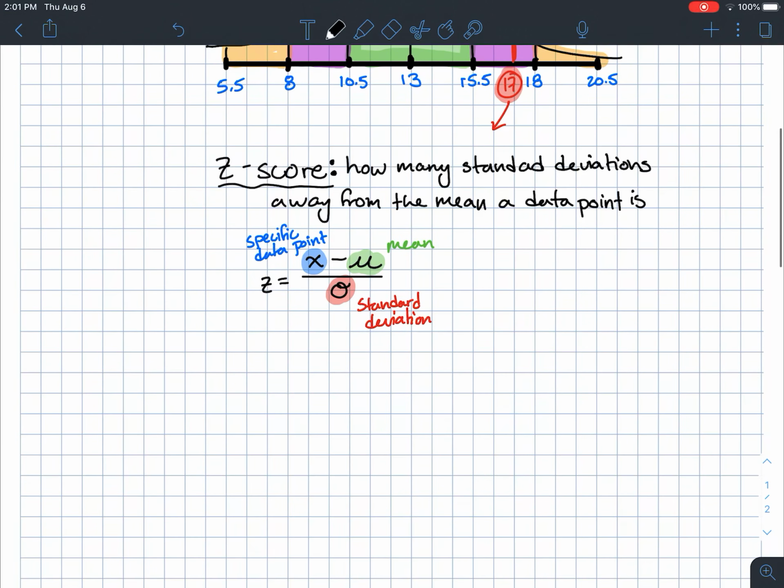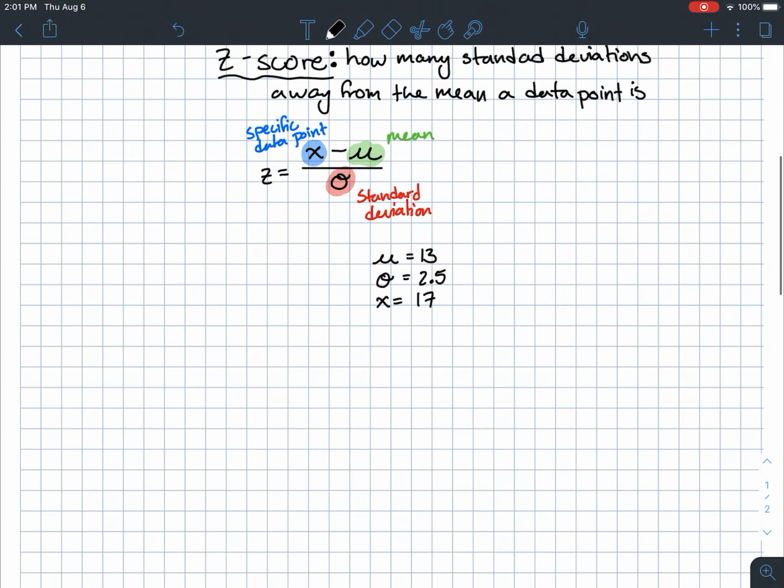So Jeff's typical average, we said, was 13 points. His standard deviation was 2.5, according to our data. And on this particular night, Jeff scored 17. That's the data point we're working with. So to find our Z-score, we're going to go Z-score equals 17 minus 13 divided by 2.5. And so we get 4 divided by 2.5.